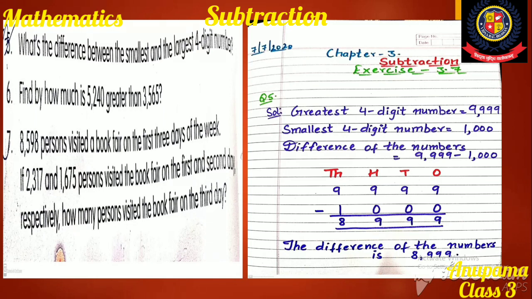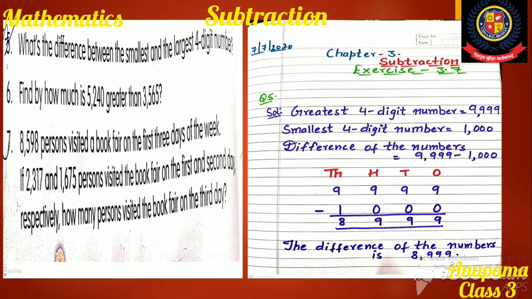So firstly we will write the greatest or largest 4-digit number. So what is the greatest 4-digit number? Yes, the greatest 4-digit number is 9999, and we have to find the difference between the greatest and smallest. So what is the smallest 4-digit number?